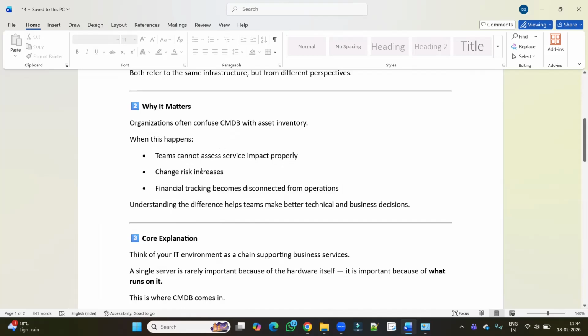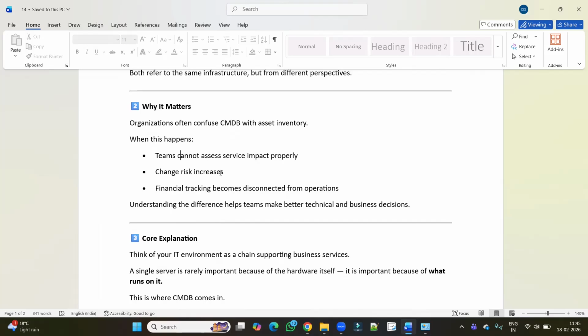And change risk increases. It means when the CMDB is not properly updated, whenever you are making any change, you are not aware of the real impact of that particular change. If you are making a change in a particular CI, you may have only 50% of the information, that these two other CIs are going to be impacted, but you are skipping a few others because you do not have complete operational visibility.